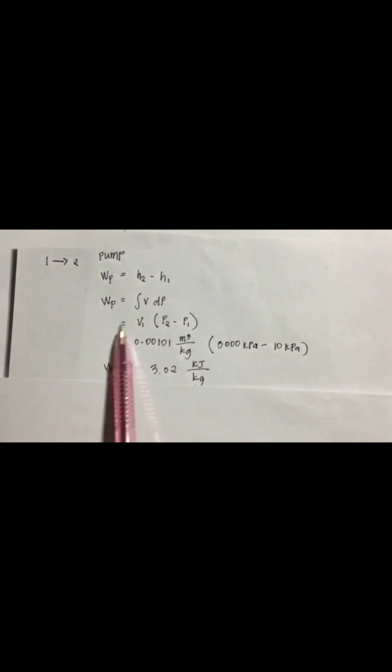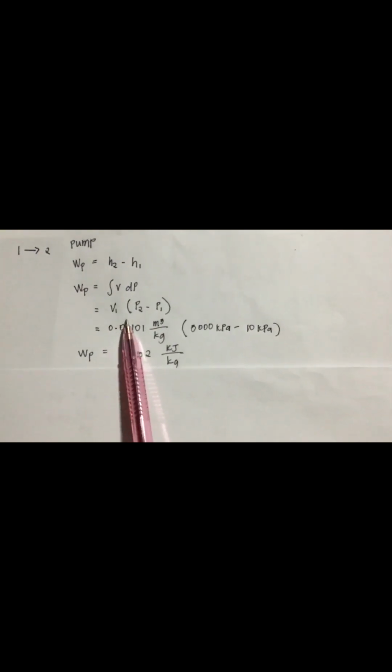First, we need to find the specific work. From the process 1 to 2, which is the isentropic compression in a pump, the work of the pump is equal to the enthalpy 2 minus enthalpy 1. Substituting, we have the integral of v dP, so it is equal to the volume 1 times the change in pressure.